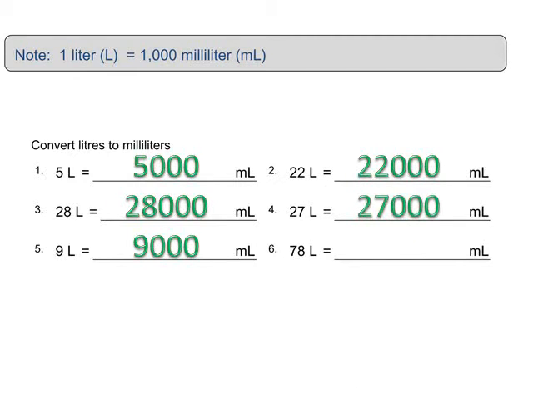Yes, 27,000 milliliters. If I have 78 liters and I want to change it into milliliters, what will be my answer? 78 multiplied by 1000, which is 78,000 milliliters.